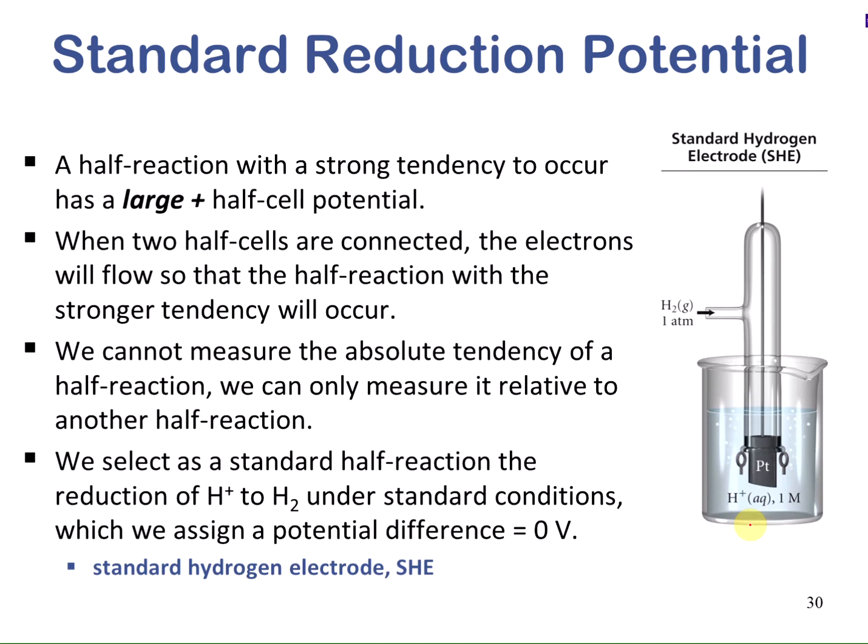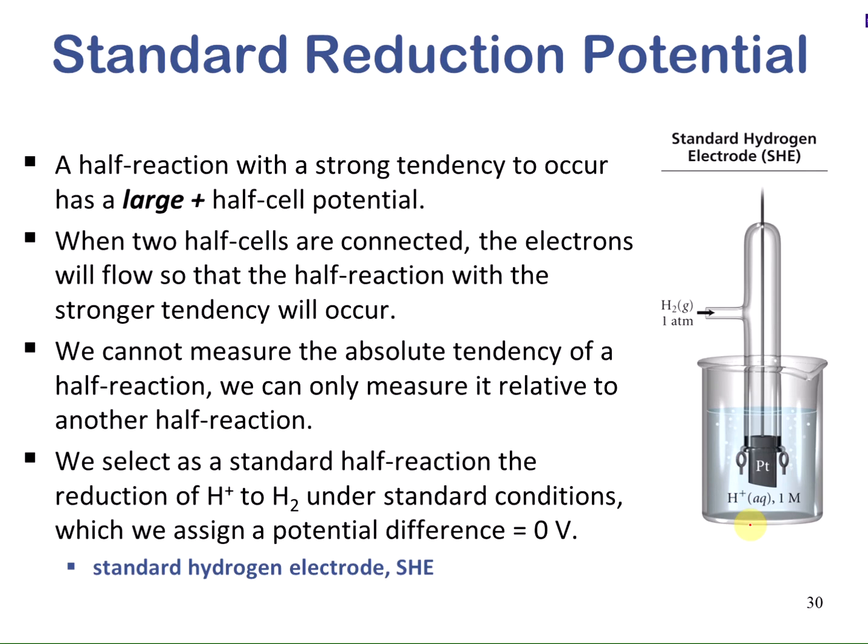And when two half cells are connected, the electrons will flow so that the half reaction with a stronger tendency will occur. We cannot measure the absolute tendency of a half reaction. We can only measure it relative to another half reaction. So we select as the standard half reaction the reduction of protons to hydrogen gas under standard conditions, and we assign this a potential difference of 0 volts.